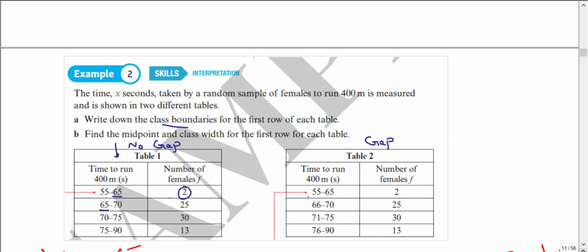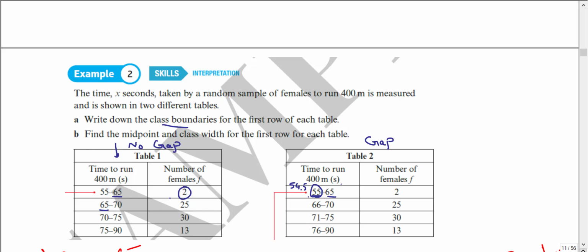And in case of a gap, we change the boundaries. Pay attention. We write new boundaries. For example, for the first group, for the first class here, we subtract a half from this value and we add half to that one. So the class boundary here would be 54.5. We subtract half from this one, and we add half to 65.